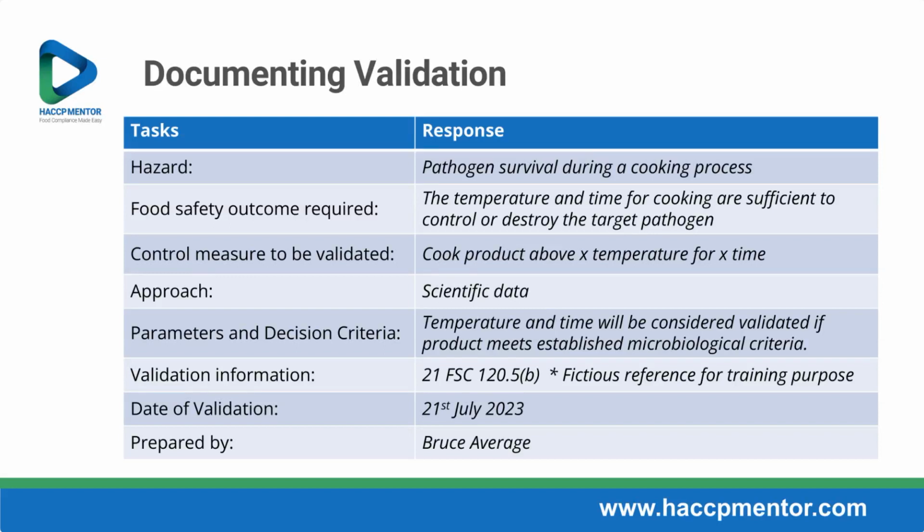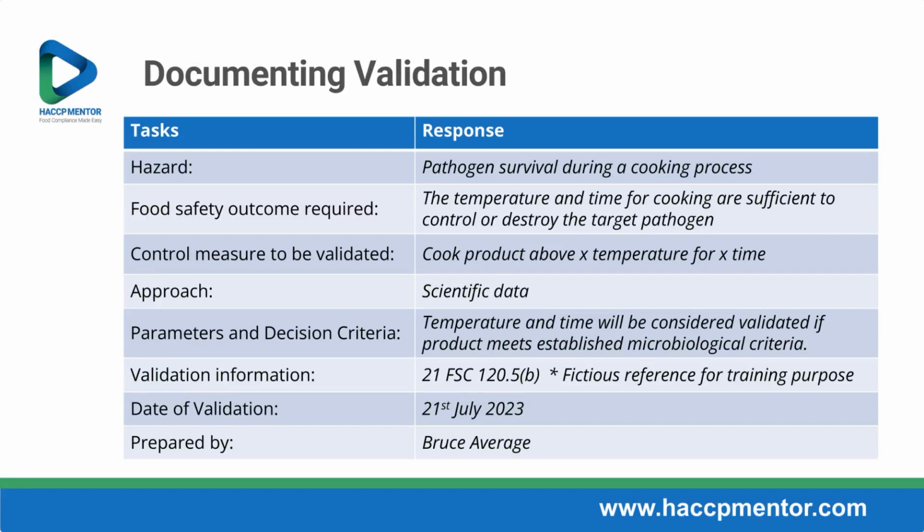This is a cut down version of the examples provided in the Codex guidelines for validation of food safety control measures. I don't fully go in depth with it, just because a lot of times for my clients I use the theoretical validation. So you can see at the top here, we've got the hazard that we're targeting, and what our food safety outcome is. And that was that third column we saw before.